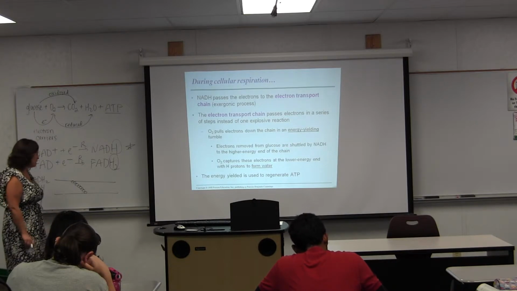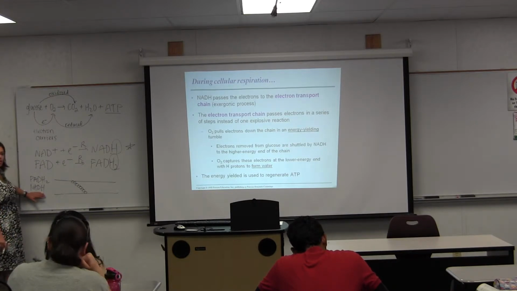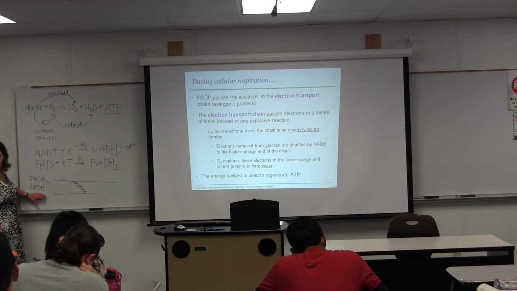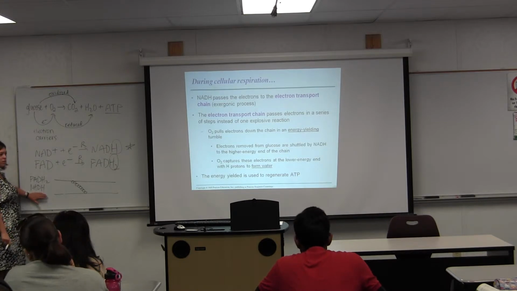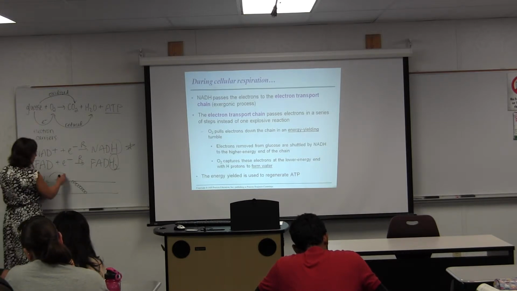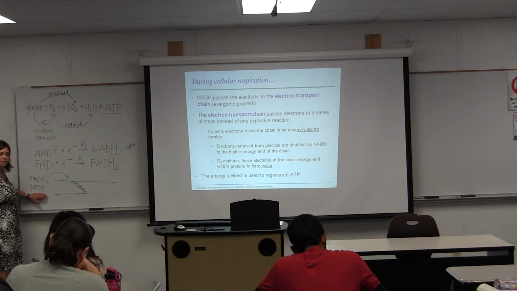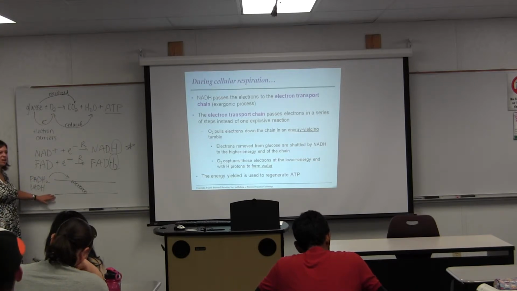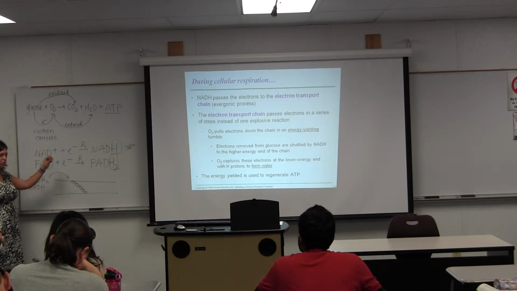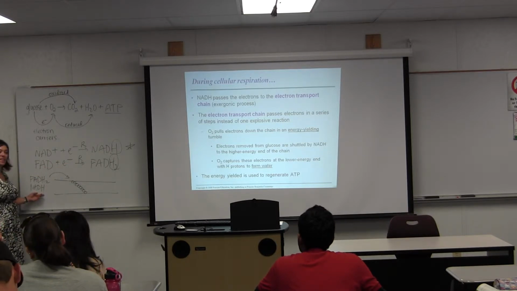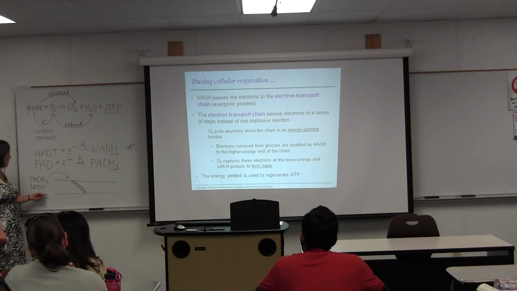What's going to happen is all these electrons that you gathered from glucose, that are being carried by these electron carriers, are now going to be dropped off at the electron transport chain. If we're donating those electrons, letting the electrons get out of the cab, so to speak, the carrier becomes oxidized.